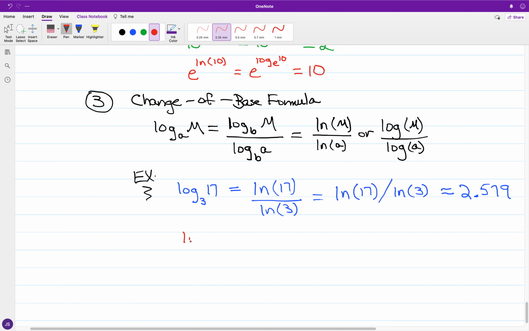Now, let's say you have a decimal number for the logarithmic base. So you have the base 1/2 logarithm of 20. Again, you could reapply natural logarithms, but we'll go with the base 10 logarithm on this one. Here a is represented by 1/2, m by 20.